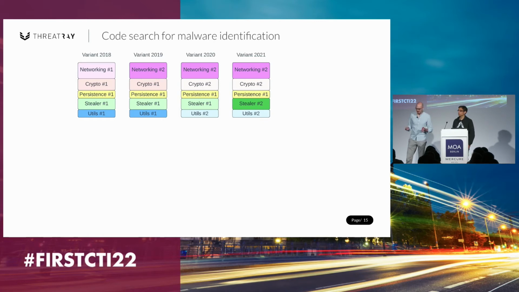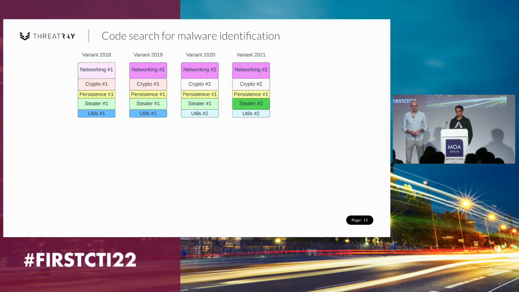Let's make an example. Say you want to identify a particular malware family, and you have 4 variations of this family that you know of. These variations contain certain pieces of code, for example, for networking, for crypto, and so on. And this code has changed over the years a bit.